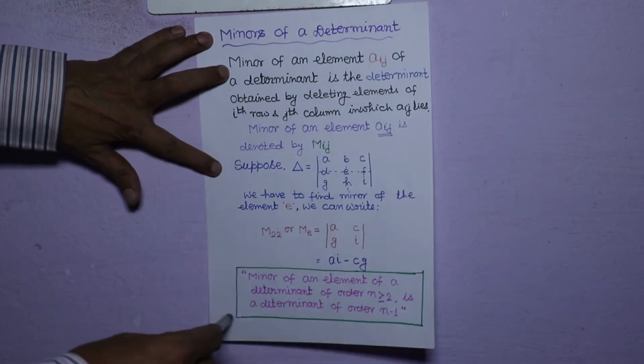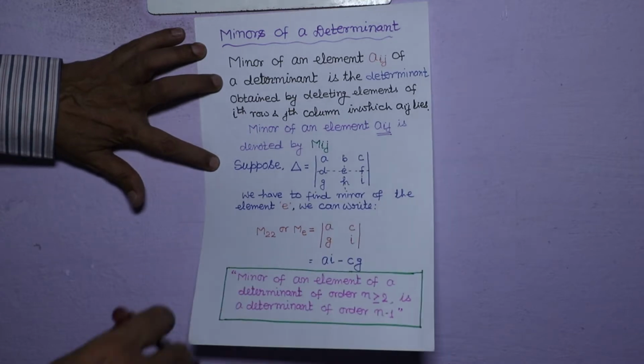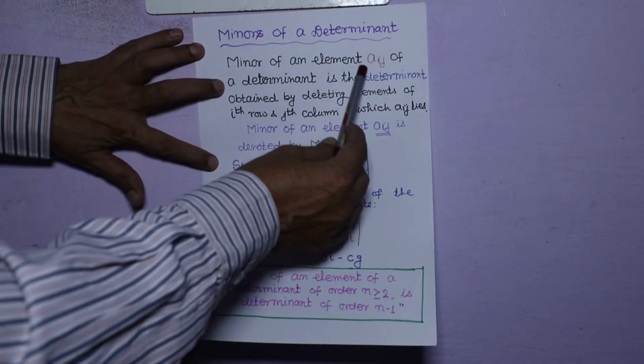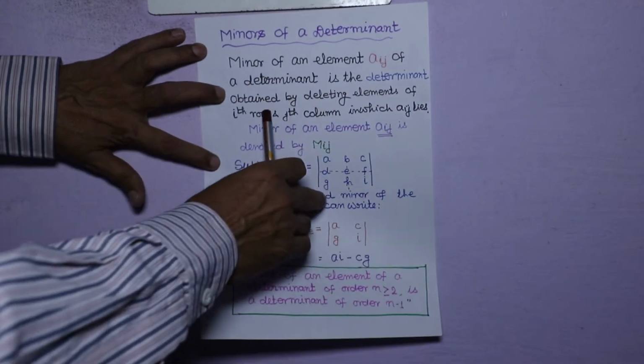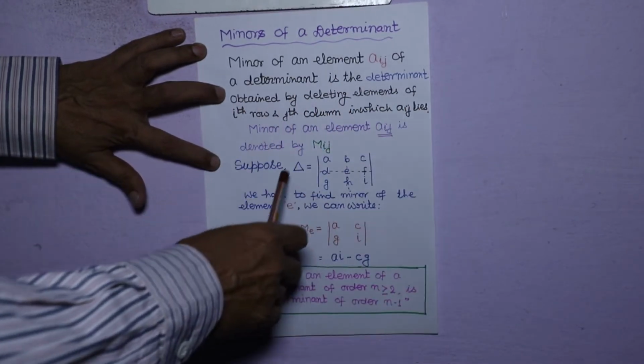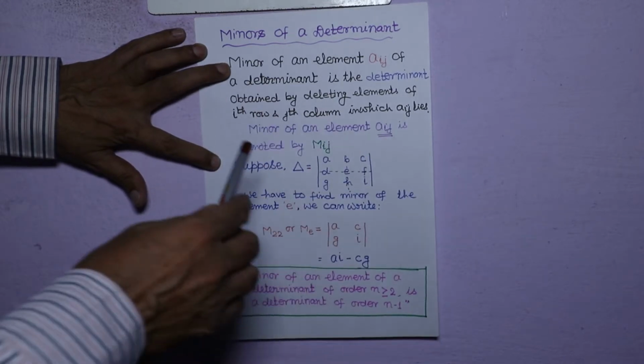So first one is minor of a determinant. Minor of an element aij of a determinant is the determinant obtained by deleting elements of the ith row and jth column.